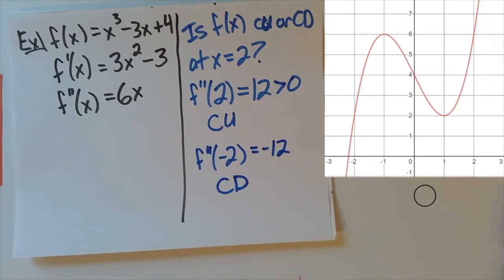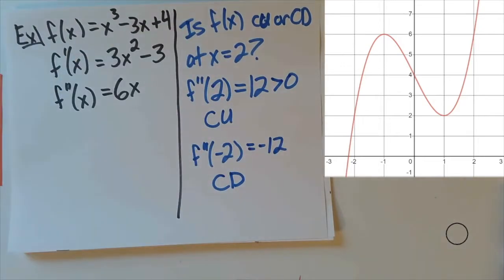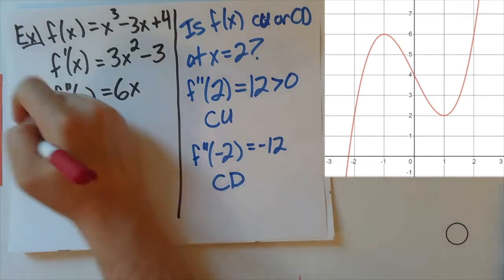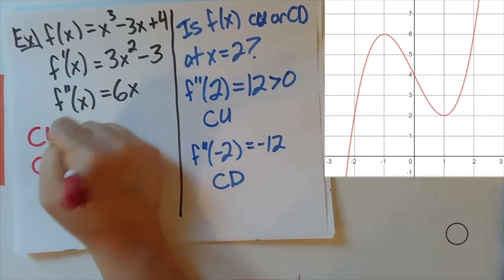Okay, and you can see that again in the graph. So that's how we can decide, just for any function at any point, hey, is the graph concave up there or concave down there? And that's one question you might be asked. You might also be asked, where is the function concave up and where is the function concave down? In which case, we're looking for intervals.